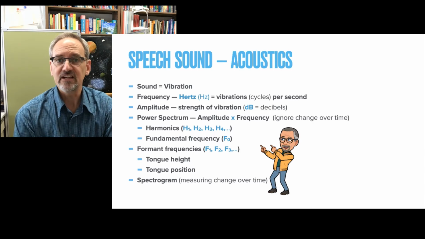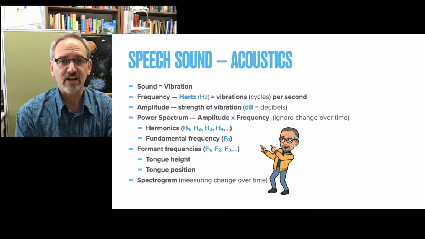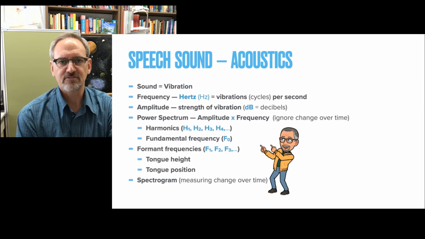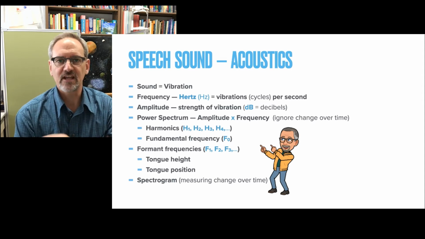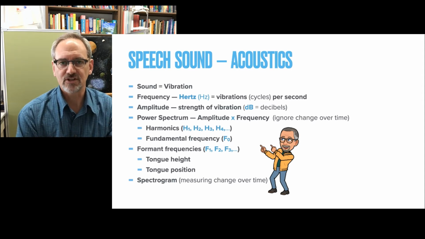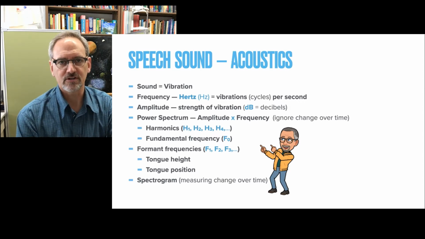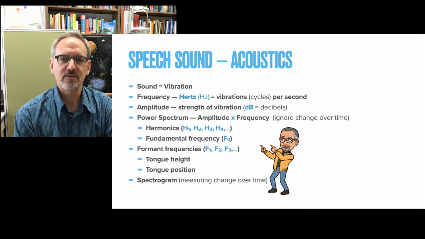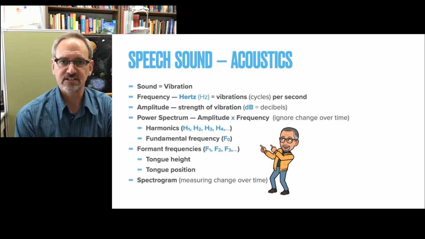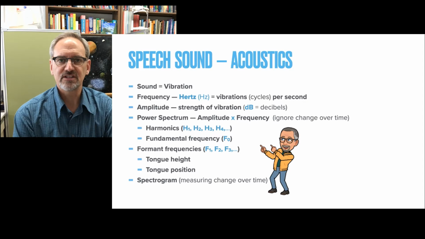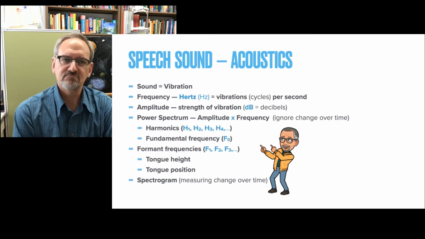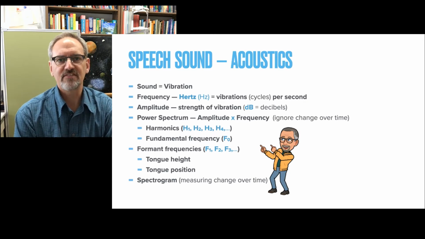But the human ear can detect frequencies somewhere in the area of 20,000 hertz. Those frequencies are not important for distinguishing speech sounds. So as we begin to study the frequencies of speech sounds, we'll see that the important range is somewhere between 200 or 300 hertz and maybe 4,000, 5,000 hertz.